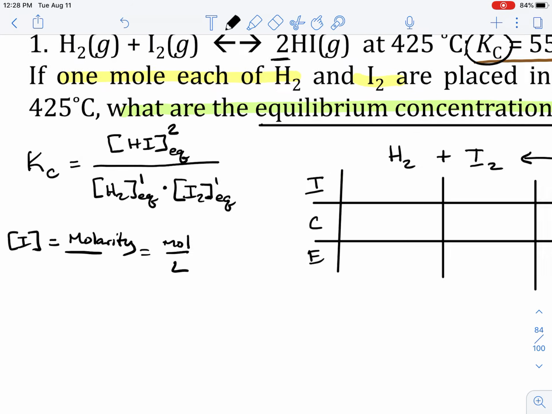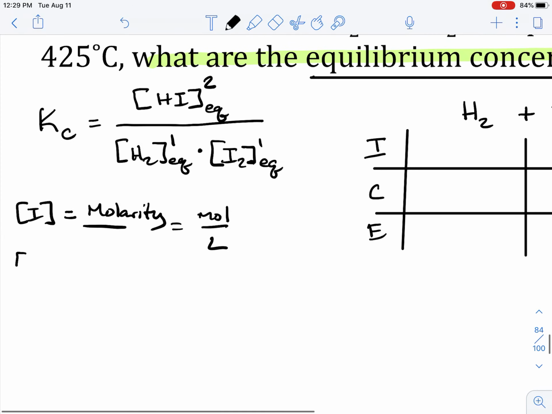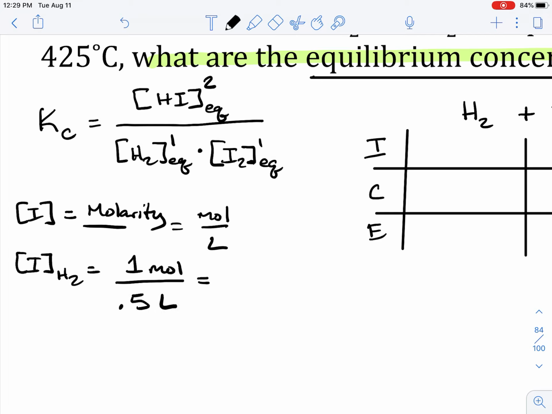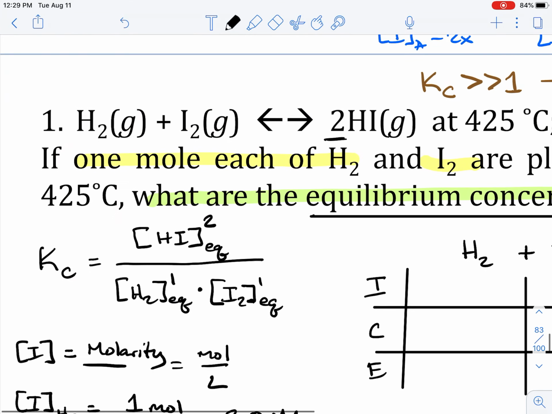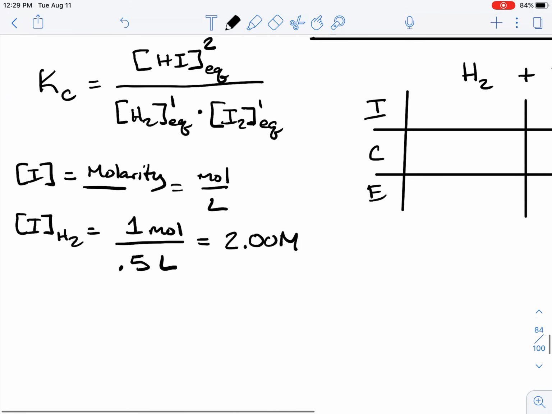And so I can determine my initial concentration of hydrogen gas as simply 1 mole for every 0.5 liter. And so if you plug this into your calculator, you guys are going to get 2.00 molar. I think this was 3 sig figs here. And so this is an exact number. So overall, we'll just keep 3 sig figs.